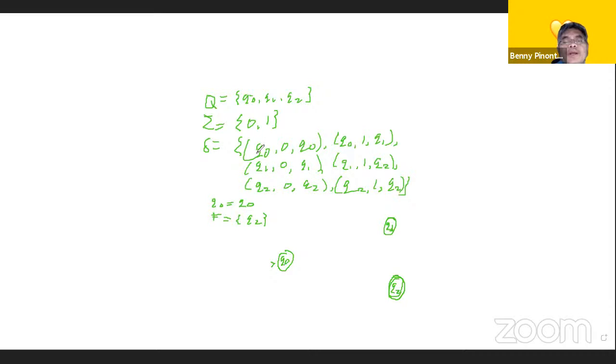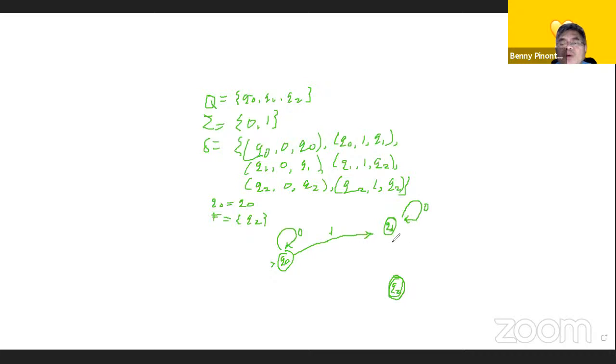Now, here Q0 with 0 to Q0, so that is this one, and that is with 0. Q0 with 1 to Q1, so that is with 1. And Q1 with 0 to Q1, that is that one.